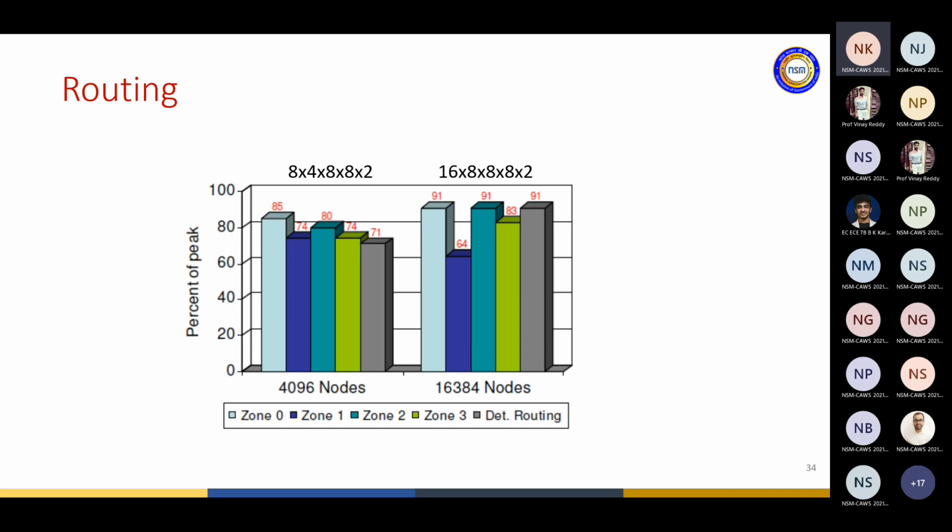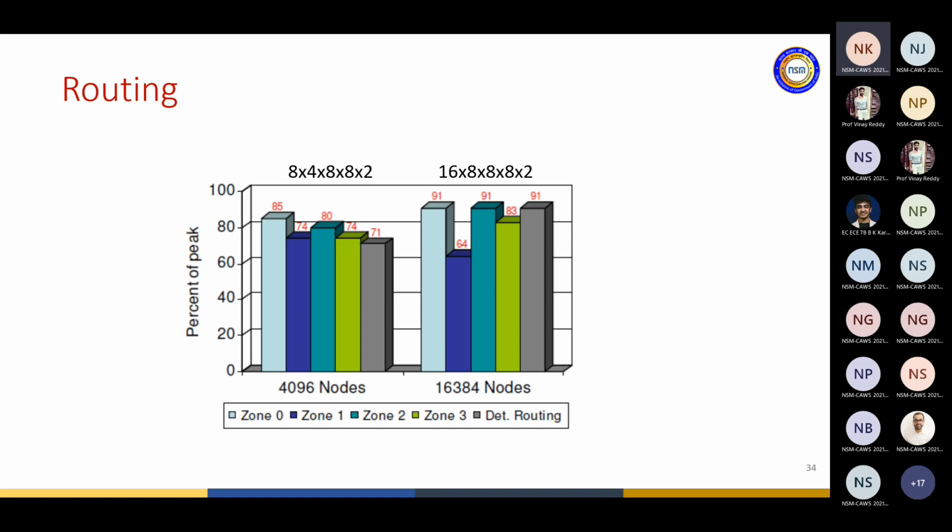And you see that some of them give good performance, like 85% of peak, 91% of peak, and so on. So the takeaway from this slide is that, on top of so much hardware complexity we have already heard about, routing also determines how well your application is going to perform.